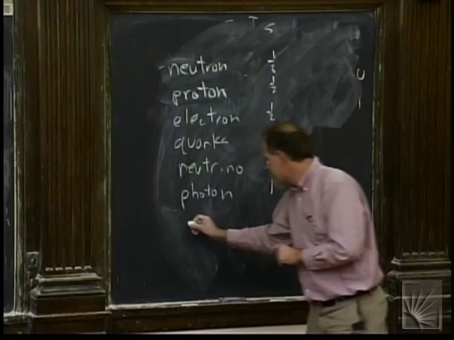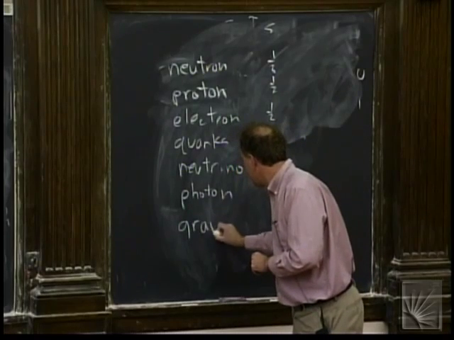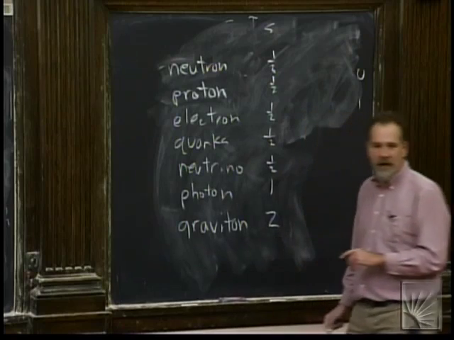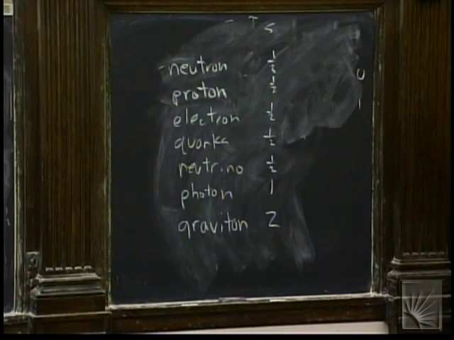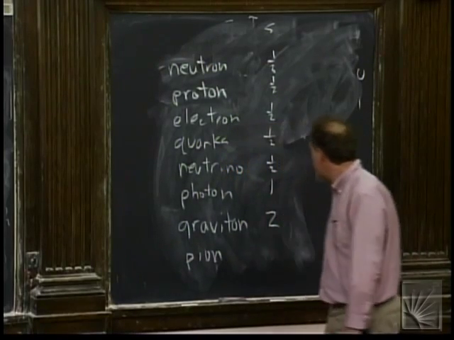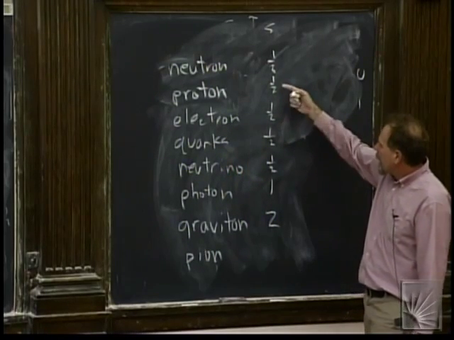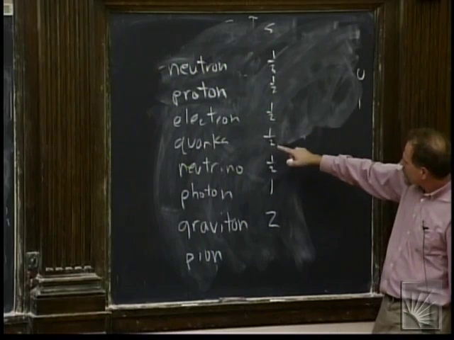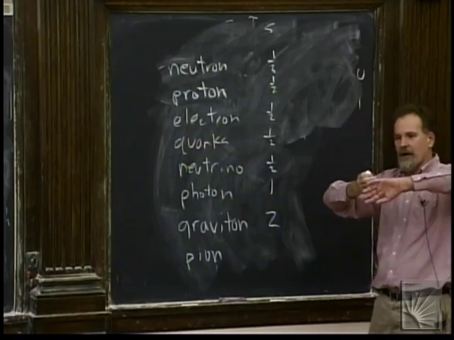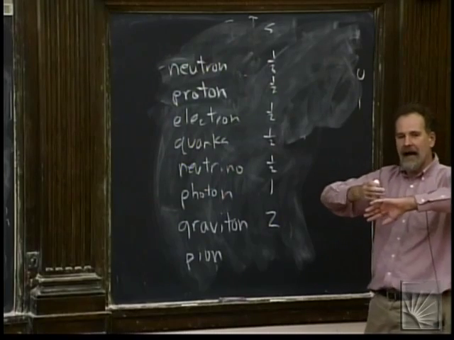And then there's a graviton, which we are sort of certain is there, but we've never measured it. It may never be measured. It has a spin of 2. And there's other things. There's pions, which are 2 quarks. If a quark is a half, sort of it can cancel. A half, I add another one, I get a minus half. I add a third one, I get a half again.